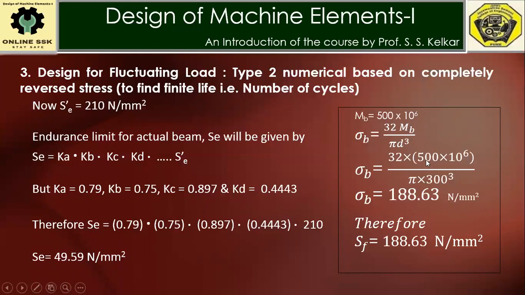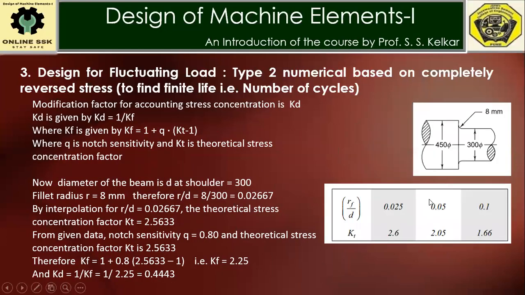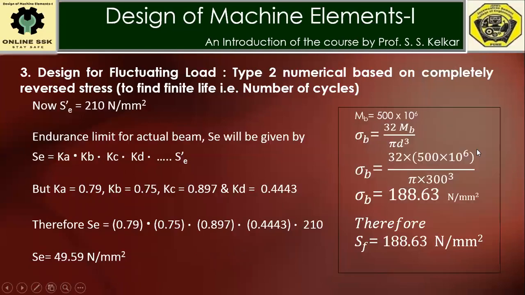Mb is 500 into 10 raised to 6 and d, the diameter, is 300, so d cube is 300 cube. So sigma b, or it is the fatigue stress induced inside the machine part, Sf, is equal to plus minus 188.63 Newton per millimeter square.